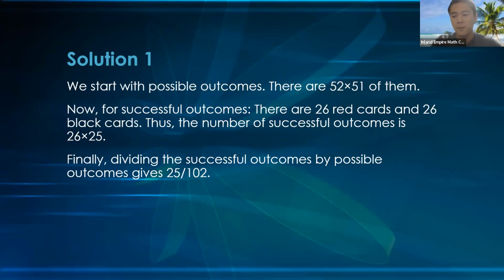For example, if the top card was a red heart 4 and the second card was a red heart 5, then if you have a 4 and a 5 versus a 5 and then a 4, there are 2 different outcomes, because 4 is on the top, 5 is second, versus 5 is on the top and 4 is below. So in the first solution, the order of the cards does matter. We're considering the order of the cards.